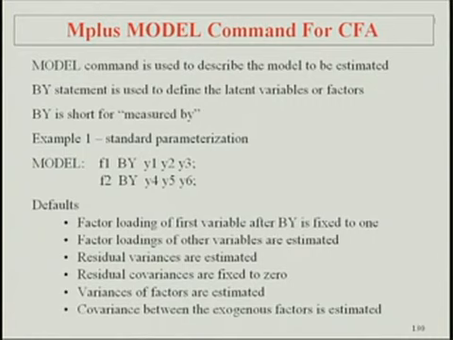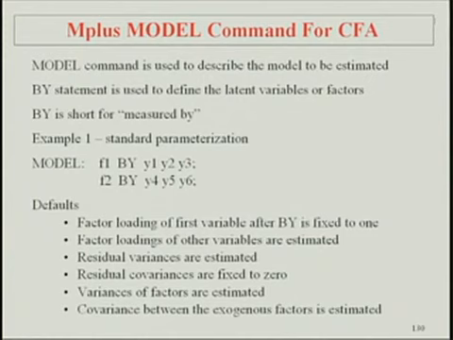Now, there's some defaults. This is a pretty simple model command, but what are the defaults? The first one is that the factor loading of the first variable after BY is fixed to 1 to set the metric of the factor, like Bengt mentioned. So Y1 is fixed to 1, the factor loading for Y1, and the same thing for Y4. And the factor loadings of all the other variables are estimated.